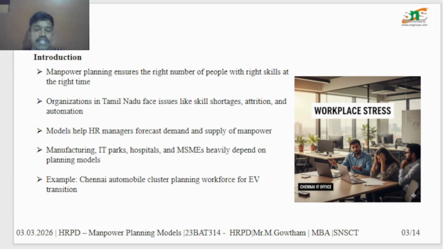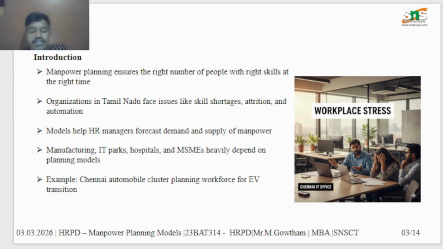It means analyzing the current workforce and predicting the future needs. The goal is to balance the demand and supply of employees. HR tries to understand employee skills, business goals, and gaps. So basically, it's about having the right people at the right time and the right place.